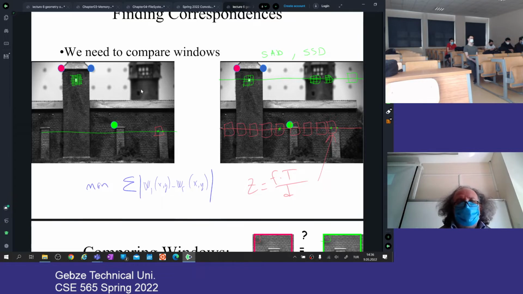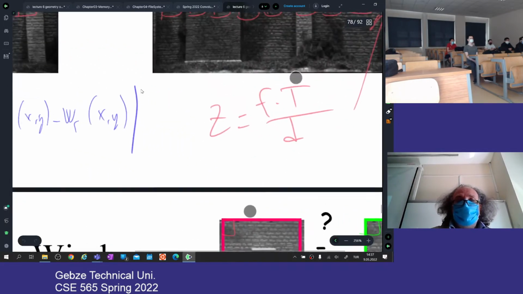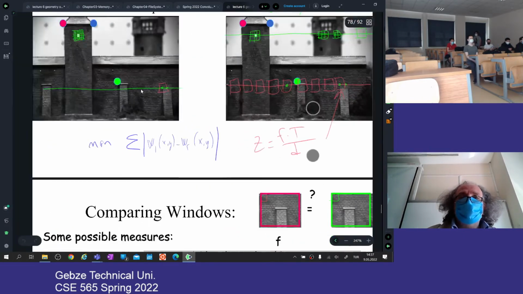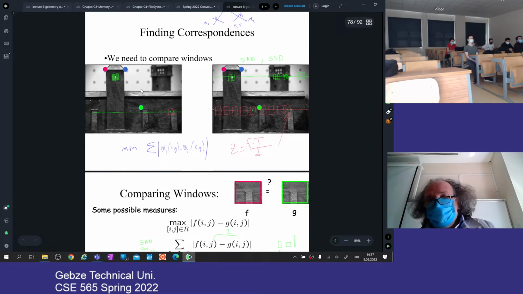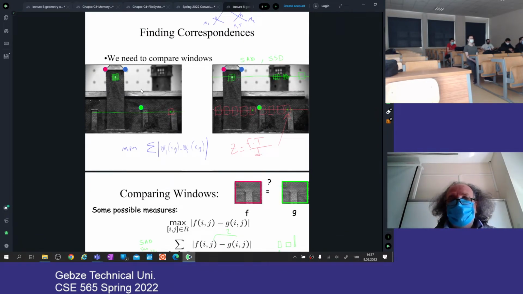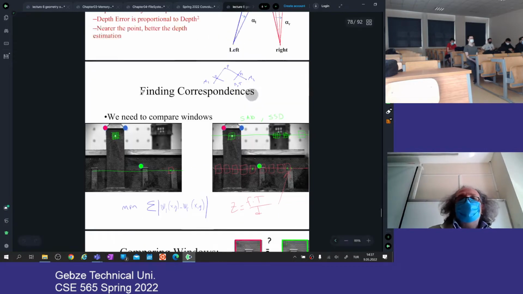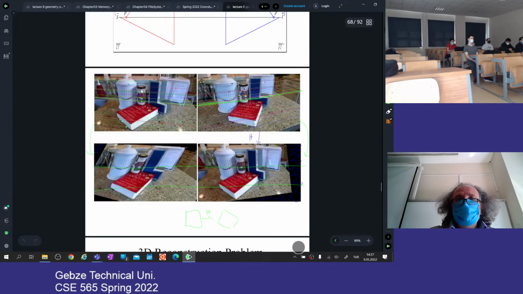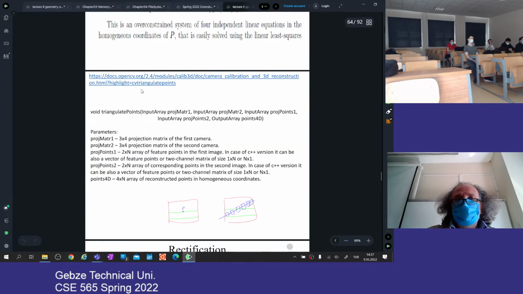Once you solve the correspondence problem, you know the disparity between left and right images. Once you know the disparity, you can plug in your disparity values to get the depth value for each point, or if you need more than the depth value, if you need the exact XYZ positions, then you know how to calculate those XYZ values using these formulas.